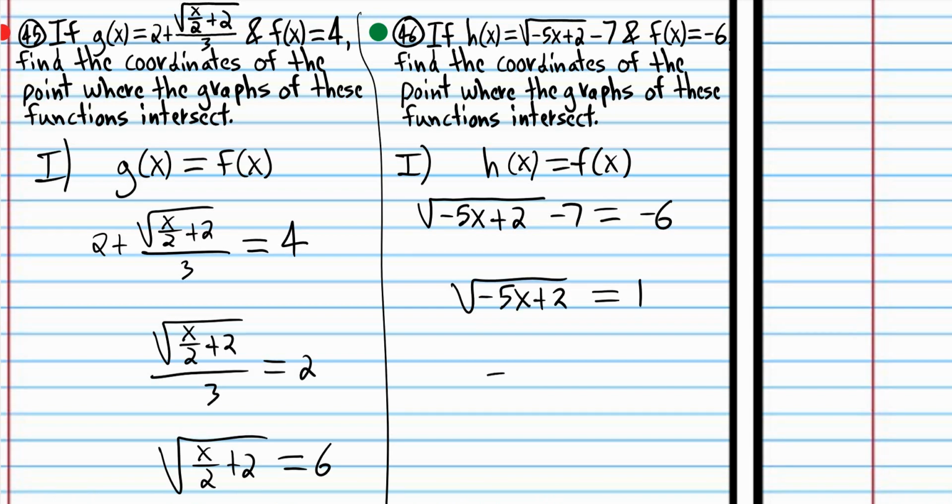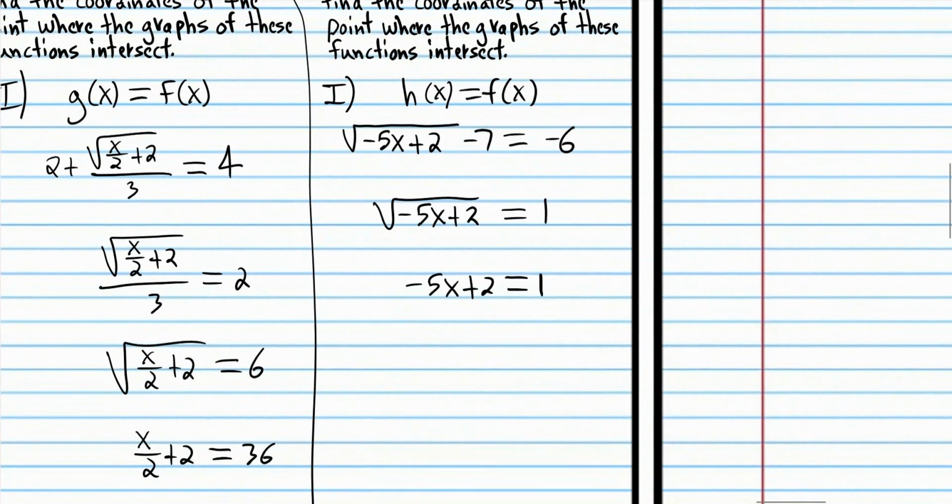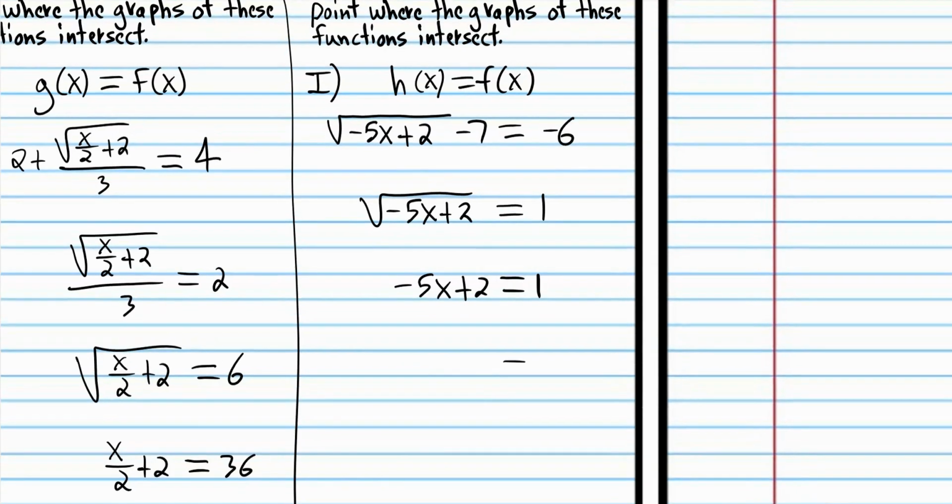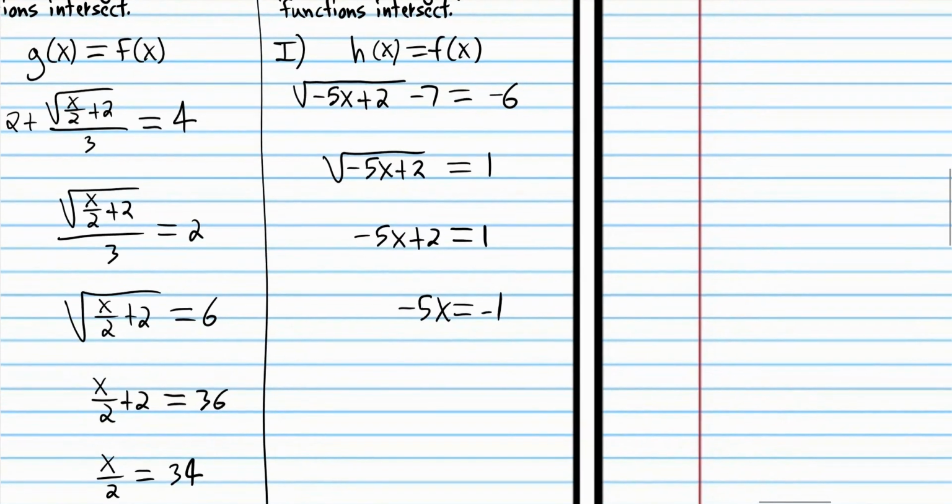Then I'm going to square both sides of the equation. 1 times 1 is 1. Then I'm going to subtract 2 from both sides of the equation. And we get negative 5x is equal to negative 1. I'm going to divide both sides by negative 5, and we get 1/5.